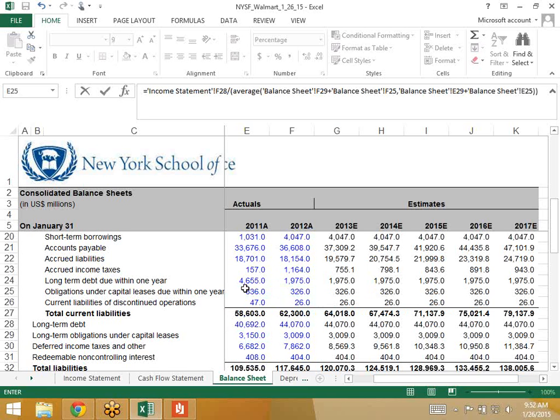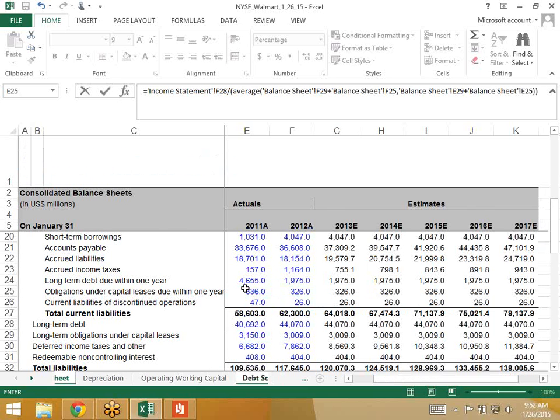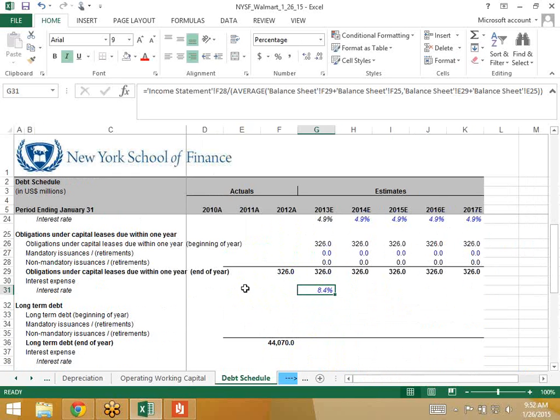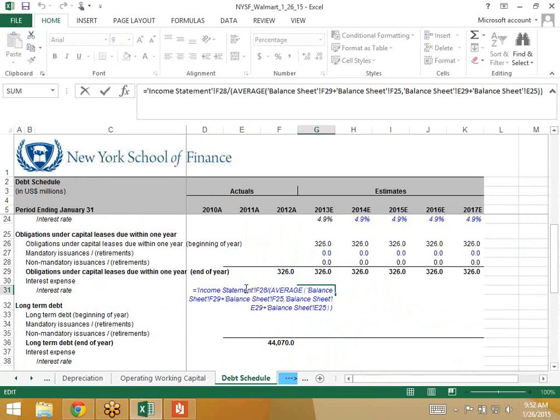I don't think I needed that first open parentheses. It gives me 8.4%. So here's the formula again. I took the interest expense divided by the average balance of this year and last year. The thing about the average balance is I took the current portion plus the long-term portion.